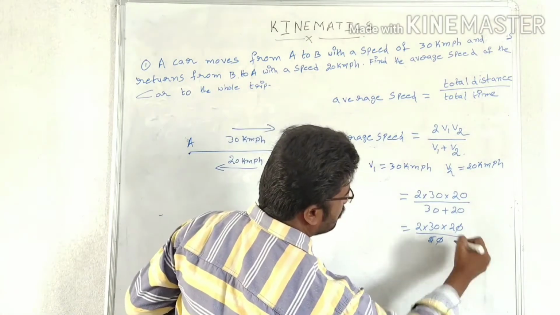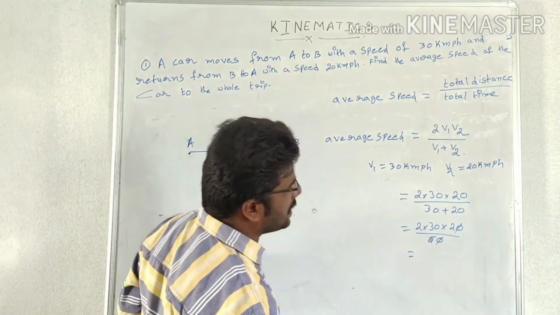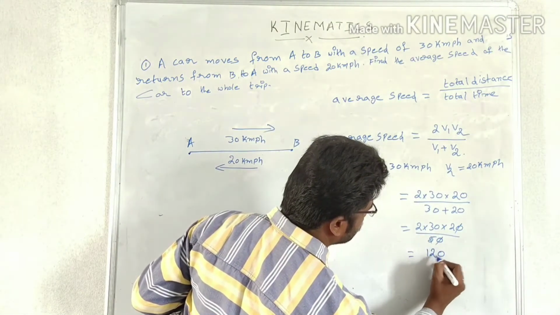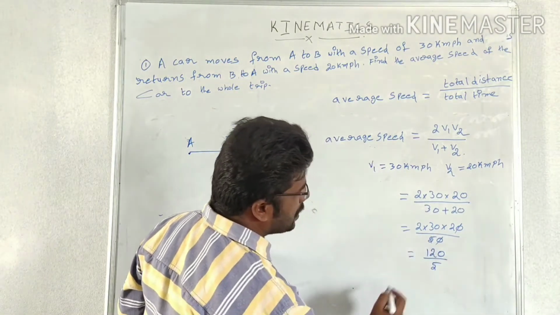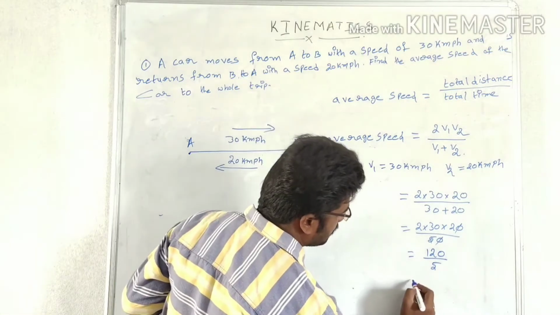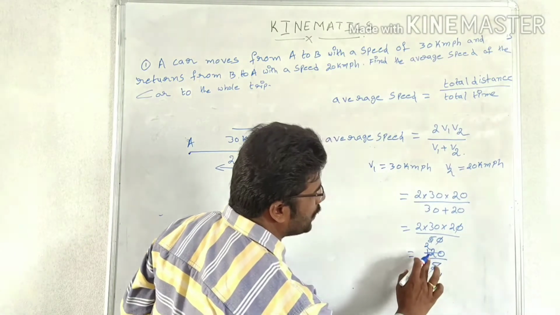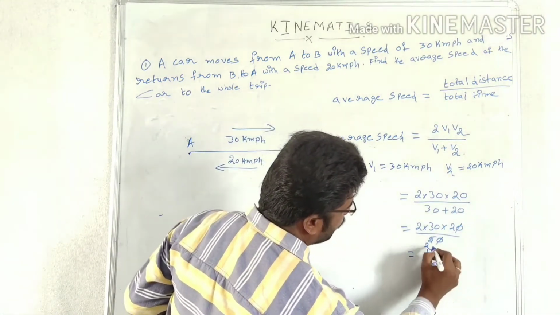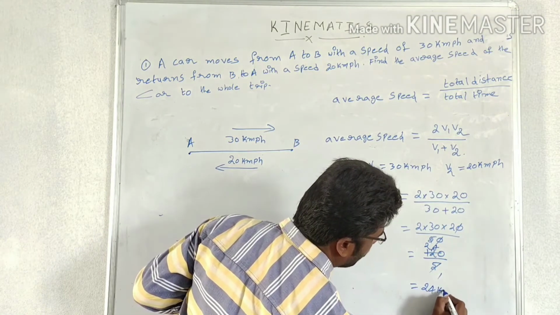So the 0 gets cancelled. 2 into 2, 4 into 30 that is 120, by 5. 120 by 5, what is the value? 5 4s are 20, that is 24 km per hour.